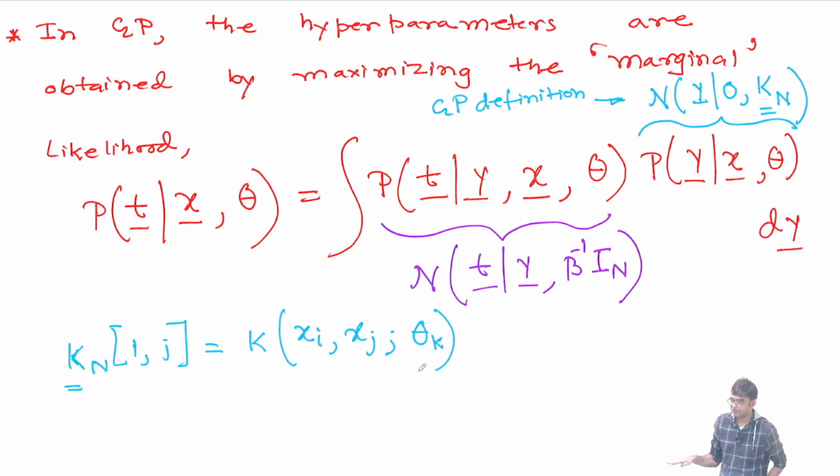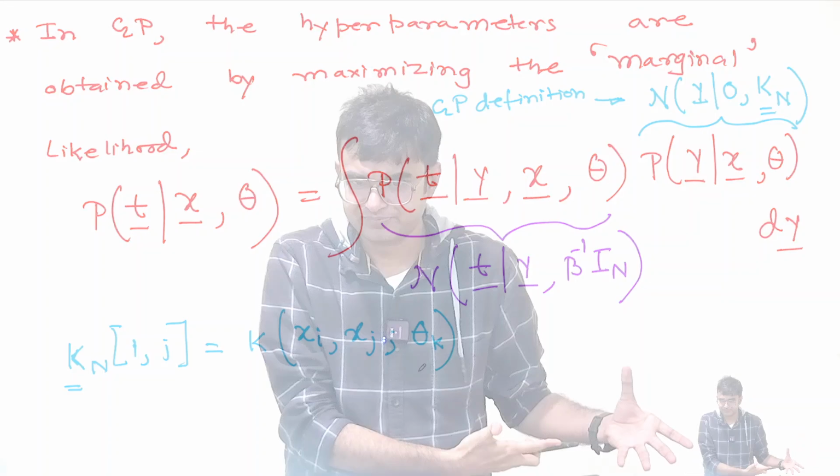Is it okay? Why is it a Gaussian? It is Gaussian from the definition of the Gaussian process. The dimension is n because you have n observations, and it's only a function of theta k because k is only a function of theta k. That's all.